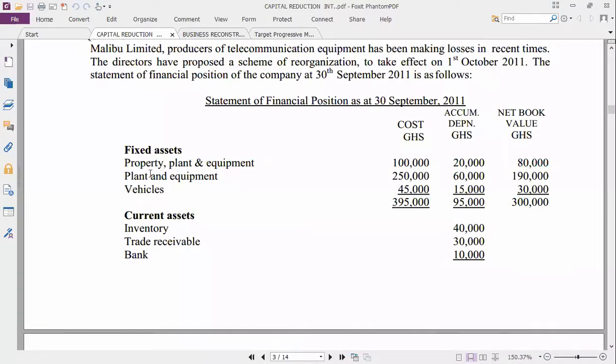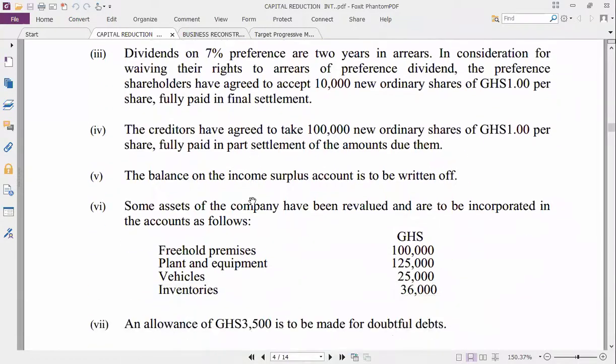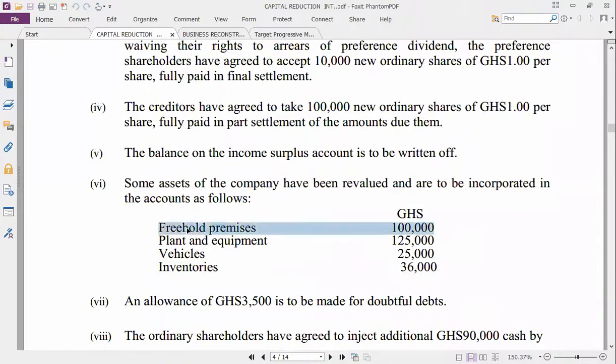It includes property, plant and equipment. In fact, this one must not be PPE, it must be freehold. This figure here must be this statement. Let's go to the footnote and pick the fair value. So it is freehold property, plant and equipment, vehicles.